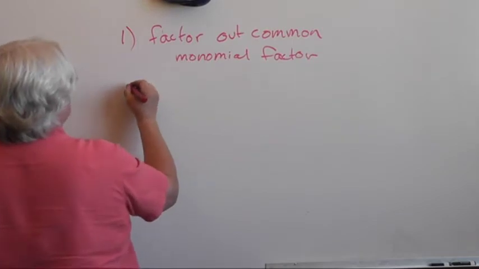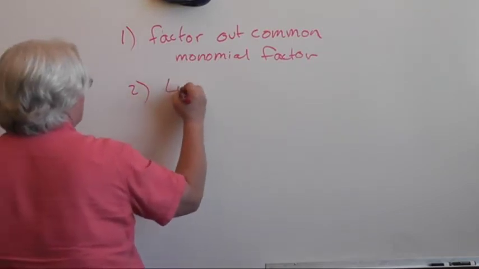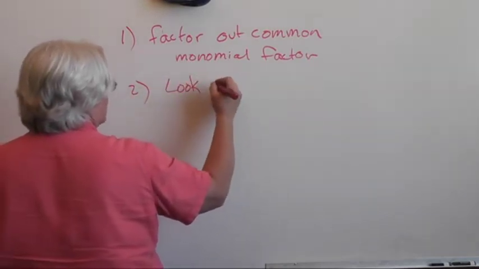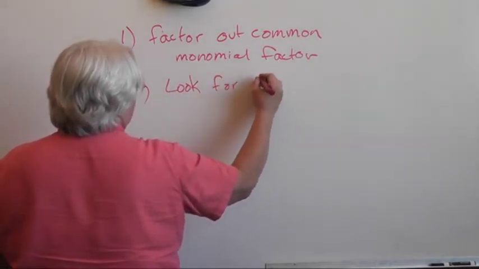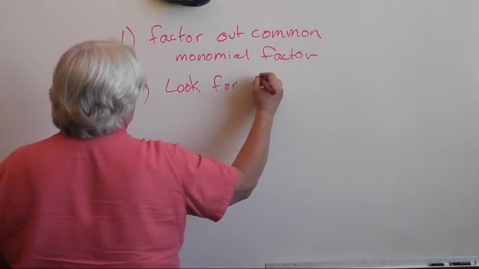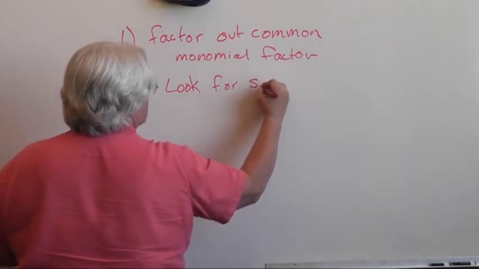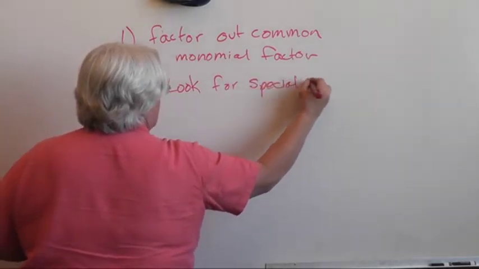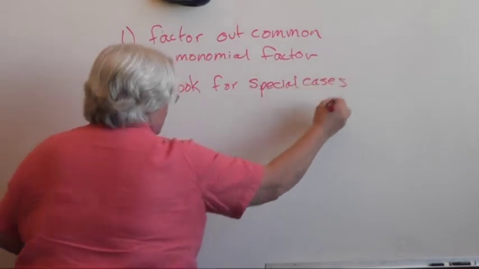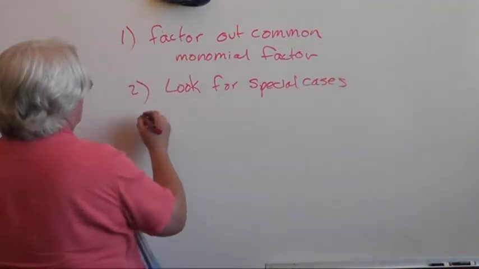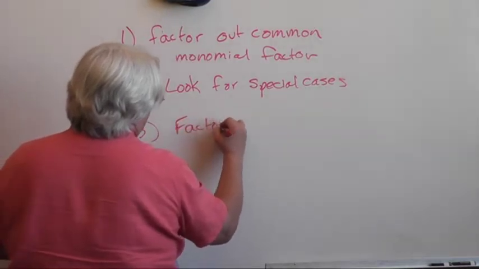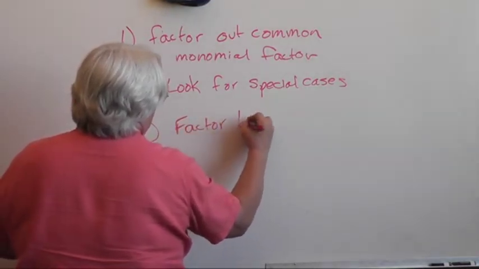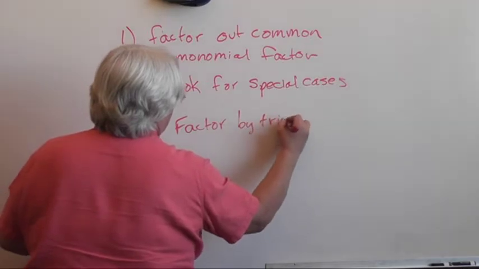Then you're going to look for special cases. A special case might be perfect square trinomials, difference of 2 squares. And what's our next thing that we want to do? Then it does come. Once we've used all of our special cases, we factor by trial and error.